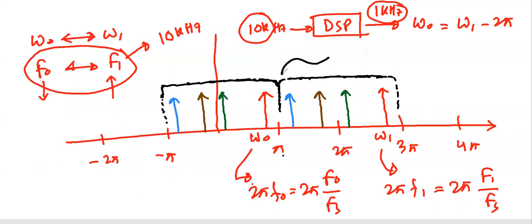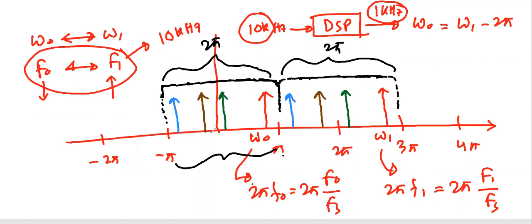Pi to thrice pi is a twice pi space, and again from minus pi to plus pi you also have twice pi. The frequencies belonging to minus pi to plus pi are known as the baseband signal, because those are the original signal, and the other ones are the signals by which you can find the alias of the signal.